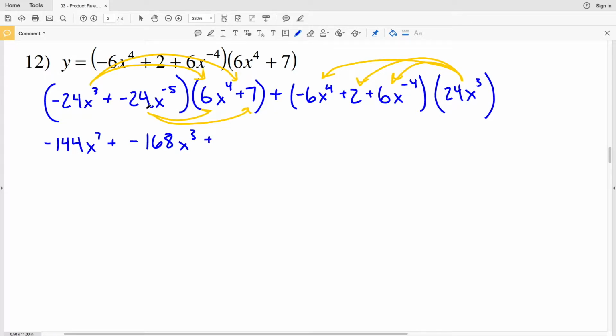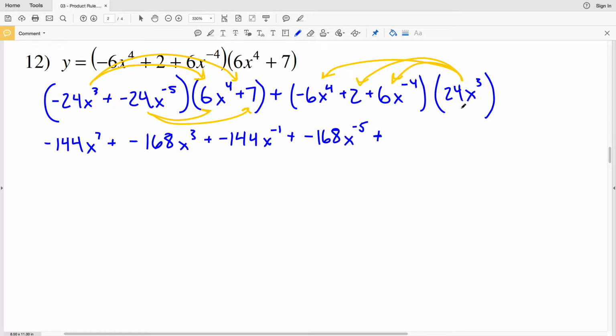And then I'm adding negative 24x to the negative fifth times 6x to the fourth, which negative 24 times 6 is negative 144 times x to the negative 5 plus 4, which is x to the negative 1, and that gets added to negative 24x to the negative fifth times 7, which is negative 168x to the negative fifth.